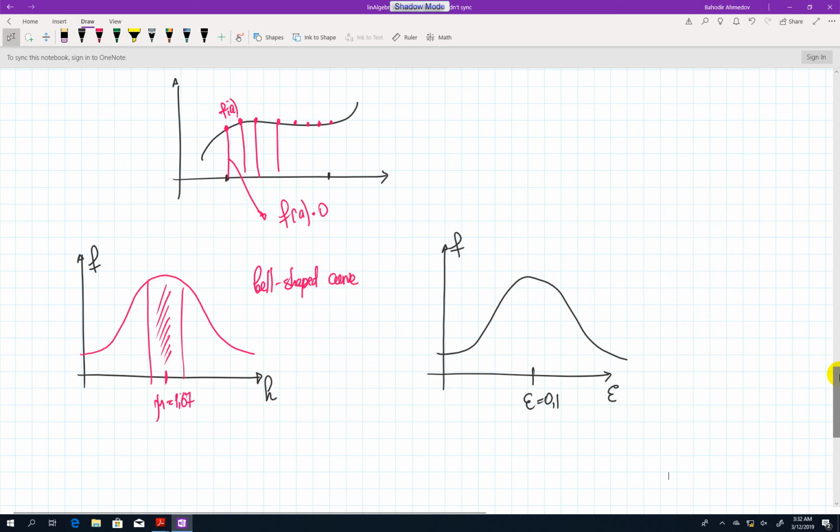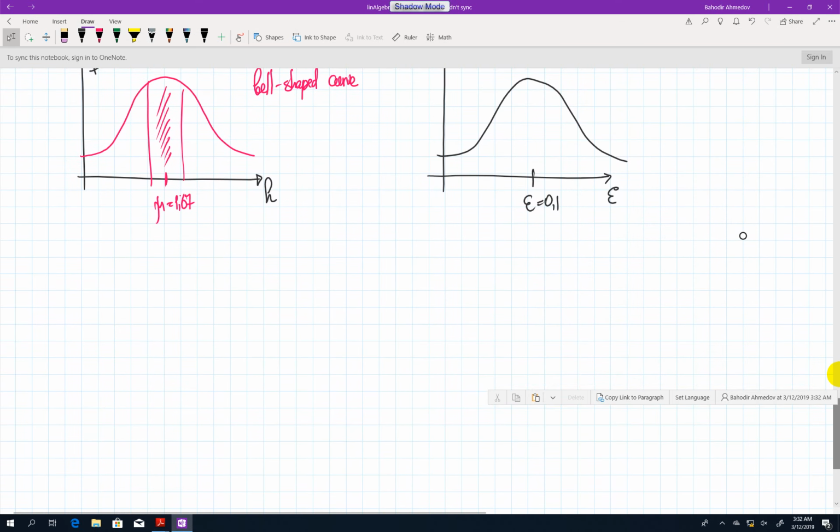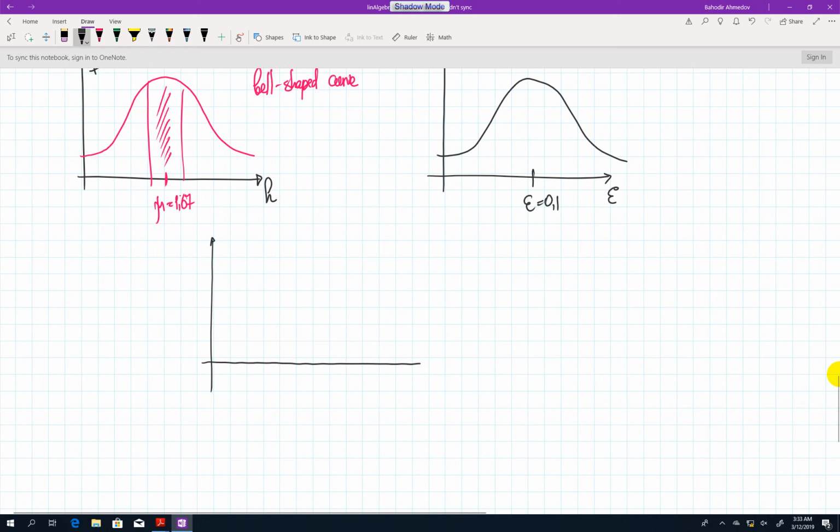So in calculus, we talk about the transformation of functions, right? It is probably difficult for you to understand how the shape of the function changes when we change the mu and the sigma. Let's try to do this from the definition.